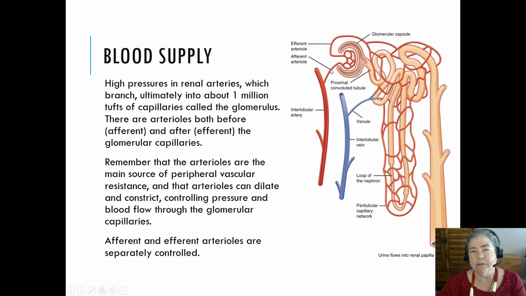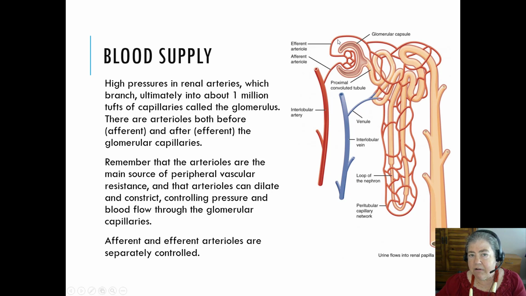For instance, if you imagine if the efferent arteriole stays the same, but the afferent arteriole dilates, then higher pressures are going to be transmitted into the glomerulus. If the afferent arteriole constricts, lower pressures. If the efferent arteriole dilates, then lower pressures, because more blood is easily able to flow through.